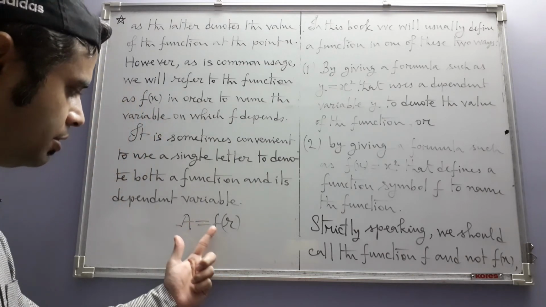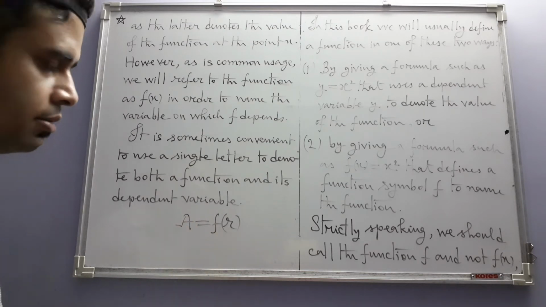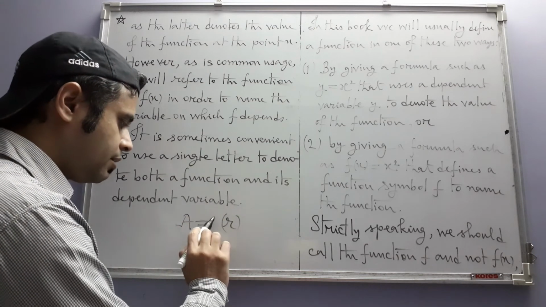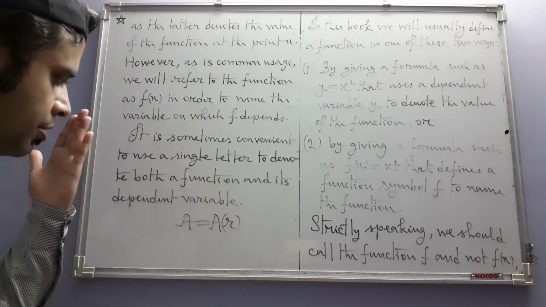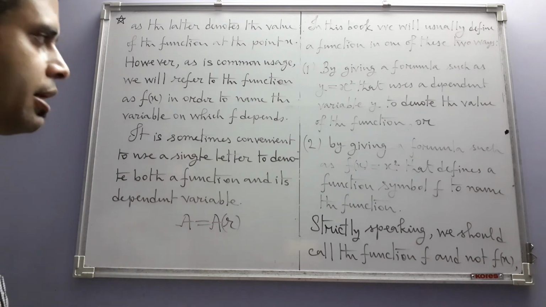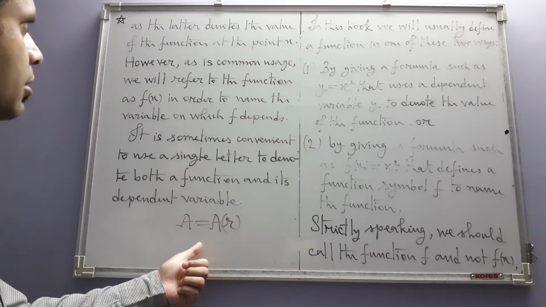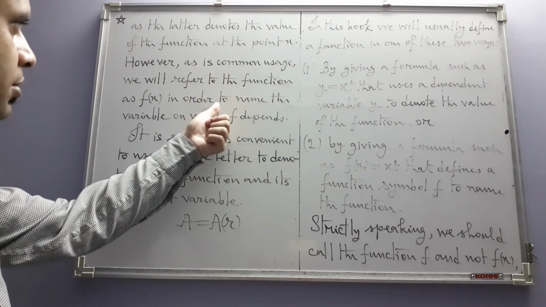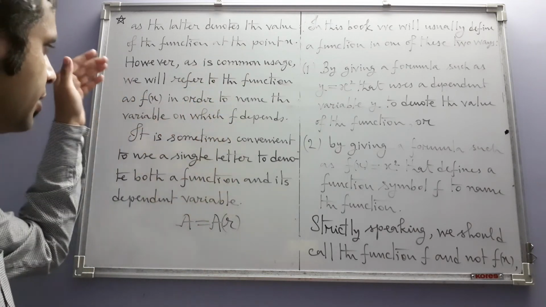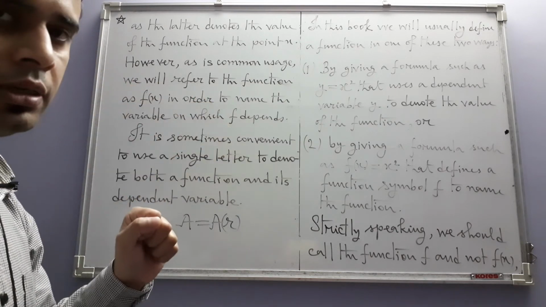Instead of using these two letters to denote the dependent variable and the function, one can, if one wants, use the same letter to denote both the function as well as the dependent variable, which actually matches this casual way of treating the function as well as the dependent variable as the same thing.